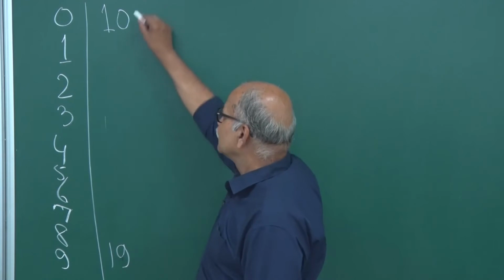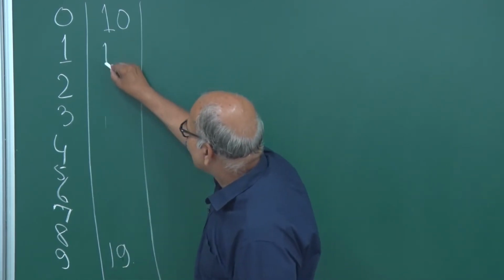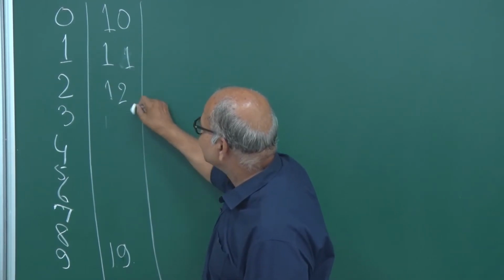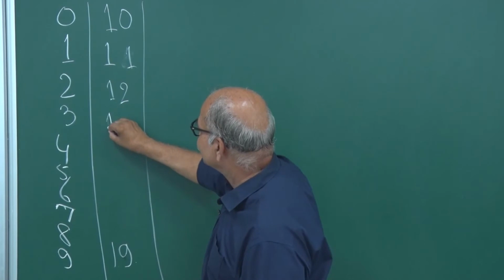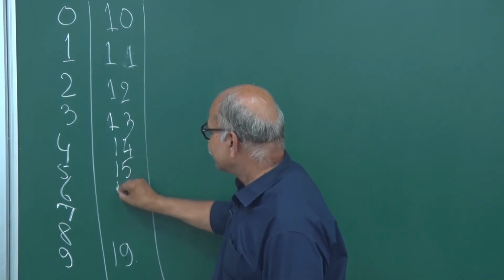Once you have 1 more, then you say that all right, here all it was 1, here it was all 1, and then you have exhausted your symbols.